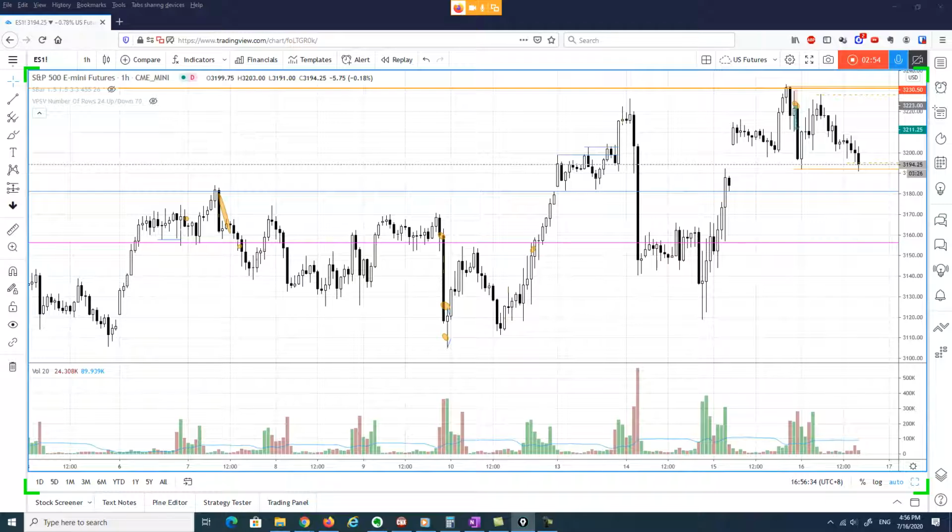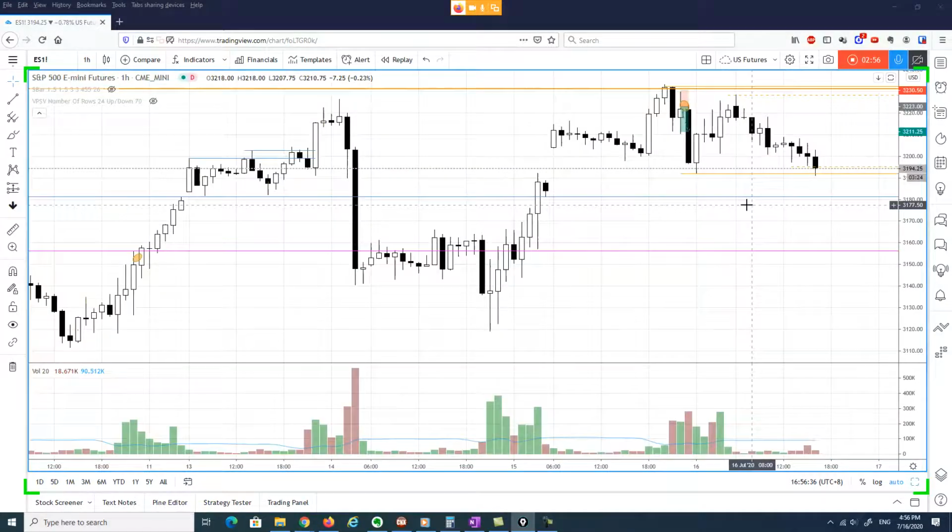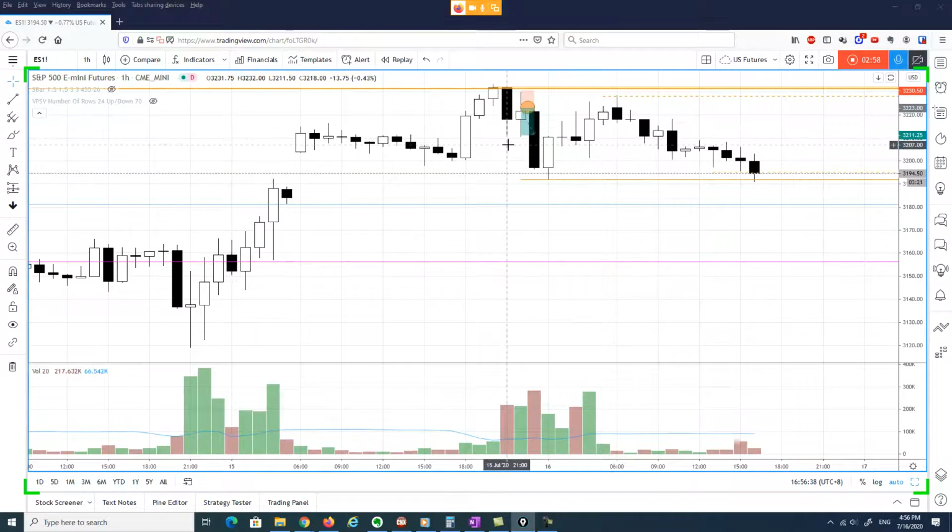All right, so let me zoom in a little bit here. You can see that this is the first hour of the US session. We have some kind of reaction, followed by an attempt to rally, but see that this is the rejection tail here, and then followed by this sell-off bar here.